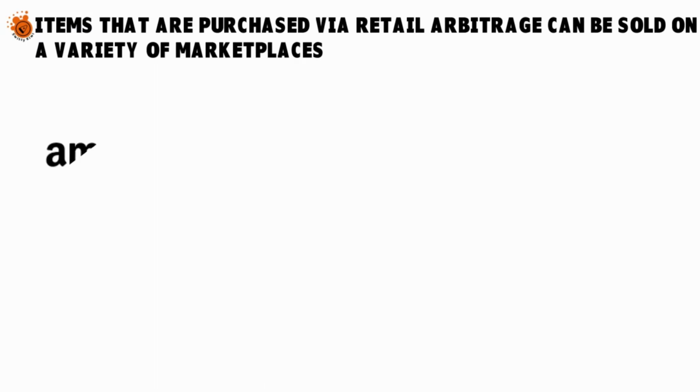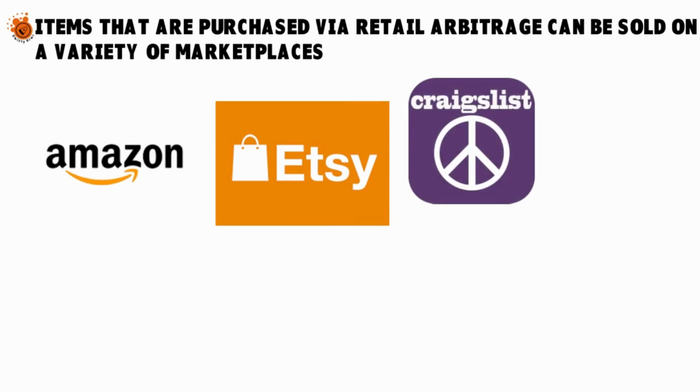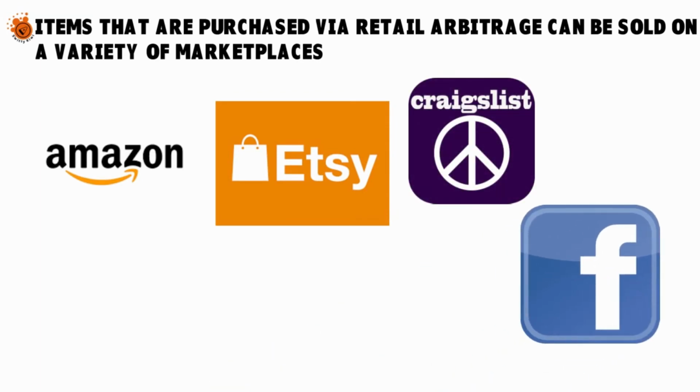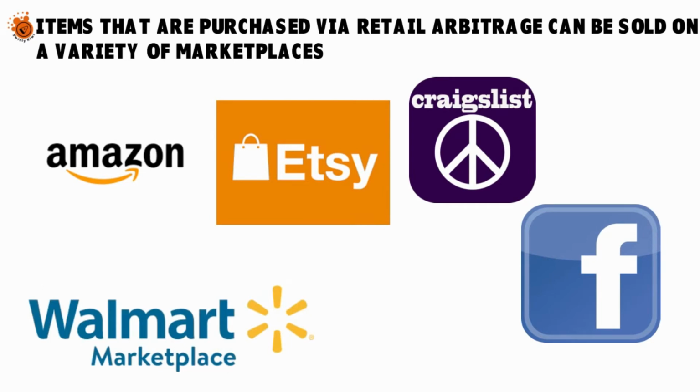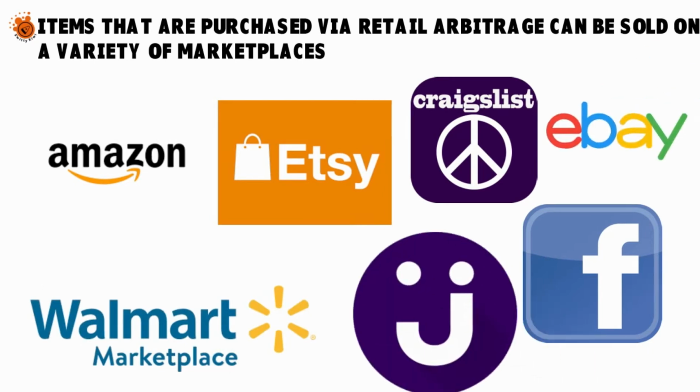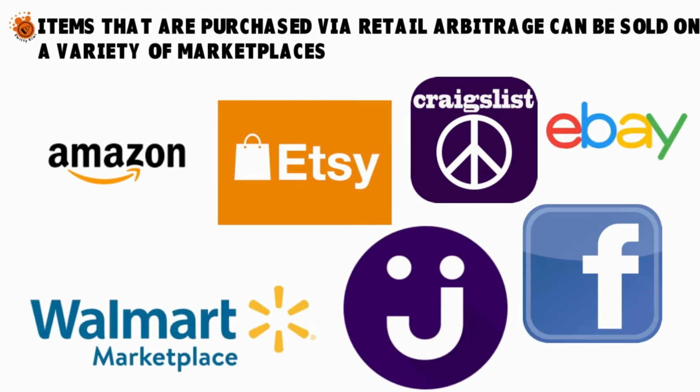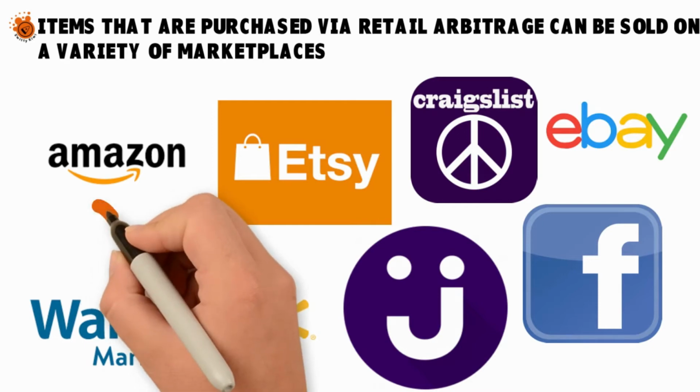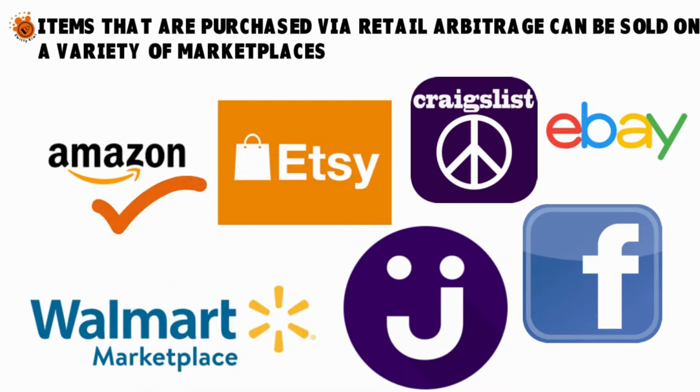Here we're talking about Amazon, but the same techniques can be applied on multiple platforms, from Etsy to Craigslist to Facebook Marketplace to Walmart.com to eBay to Amazon to Jet. The choice is vast. Amazon remains the best place to sell when you get started, because they have the largest traffic.